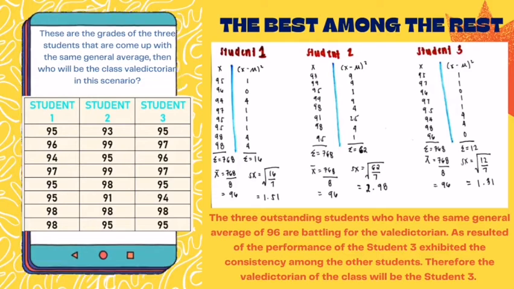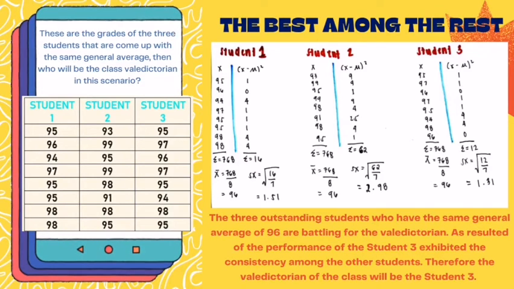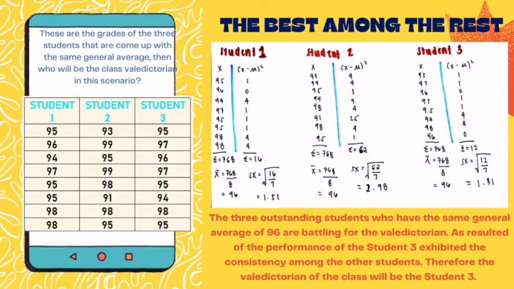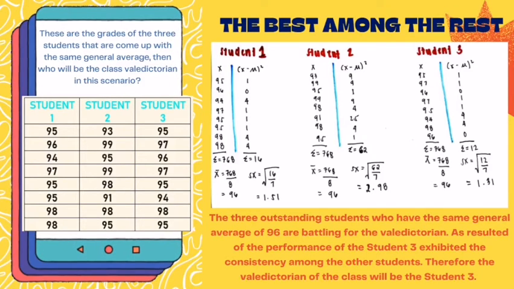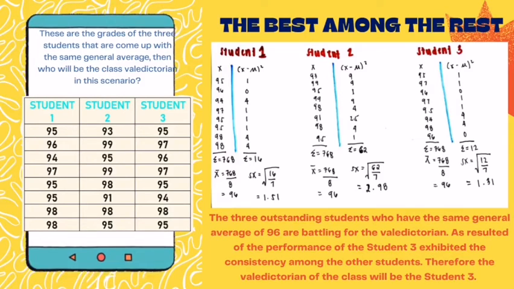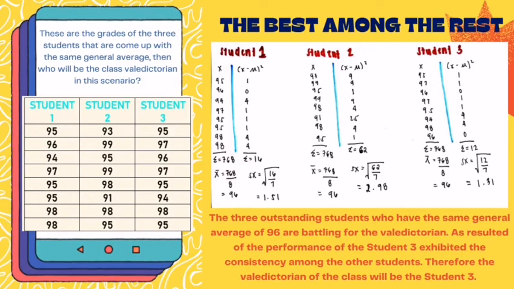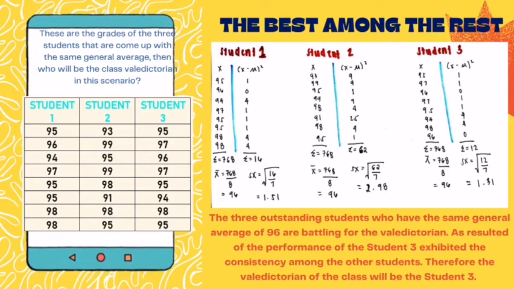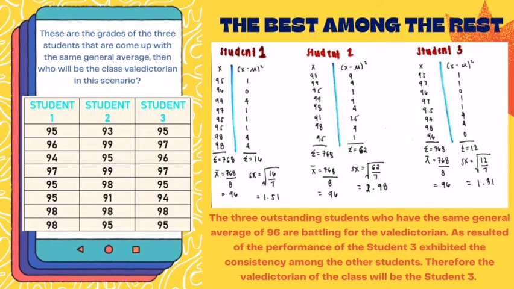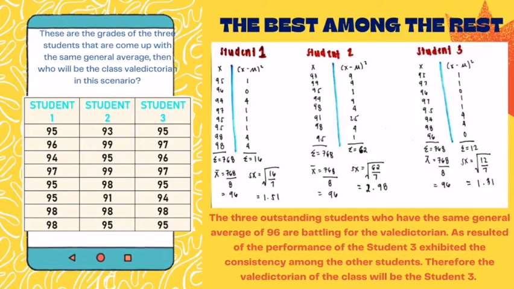Now let us solve for the standard deviation. First, for student 1. If we subtract 96 from all the grades of student 1 and square it, we get the summation of 16. The square root of 16 over 7 is equal to 1.51, and that is a low standard deviation. Next, for student 2, subtracting 96 from all x values, we get the summation of 62.